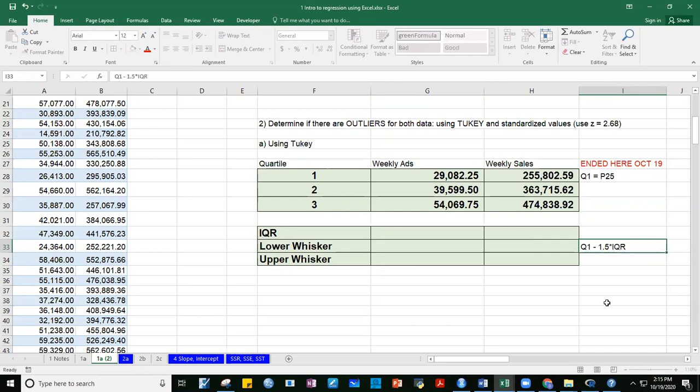Okay, paki-recall ng konti ng stat, ha? Upper naman Q3 plus 1.5 times IQR. Okay. So what's IQR? IQR is Q3 minus Q1.